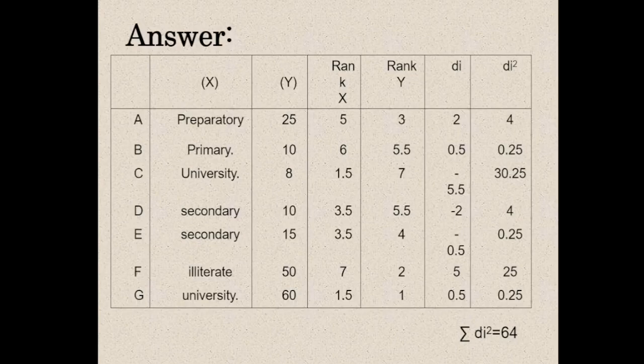Now the next positions are 3 and 4, so we cannot provide 3 and 4 rank both. What we need to do is take the average of 3 and 4. So 3 plus 4 divided by 2 comes to 3.5. So 3.5, assign to both of them.